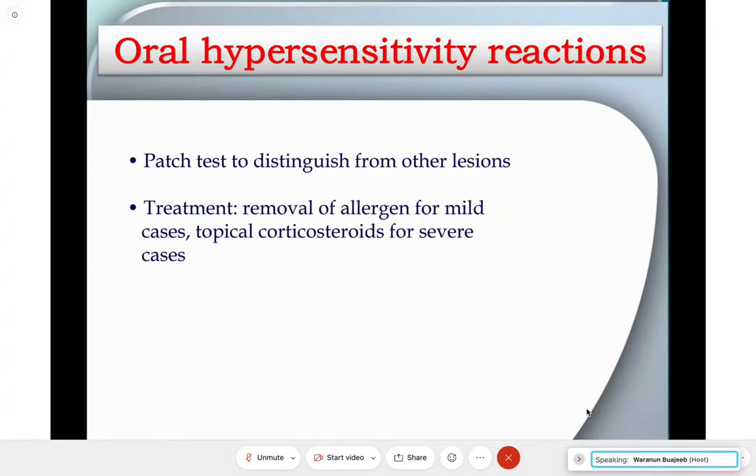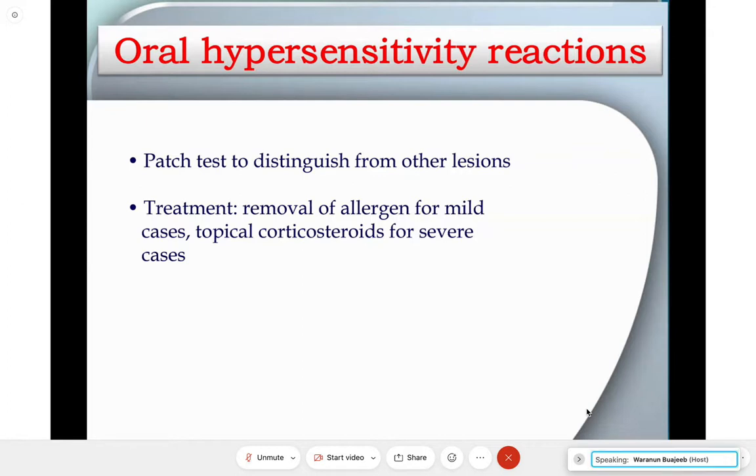If it's positive, it means that the patient is allergic to that. And then they will score the inflammation and give you the result.